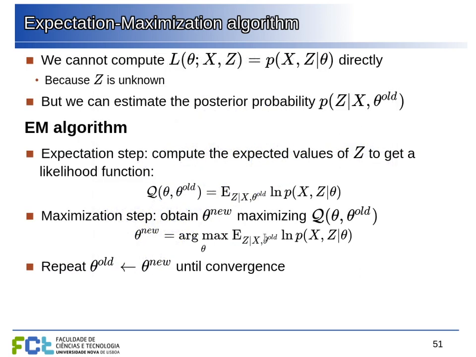So in order to compute this probability, the probability of having those points with those sets of coordinates assigned to those particular clusters, we cannot do this directly because we don't know what the clusters are, what are the labels for the different points.